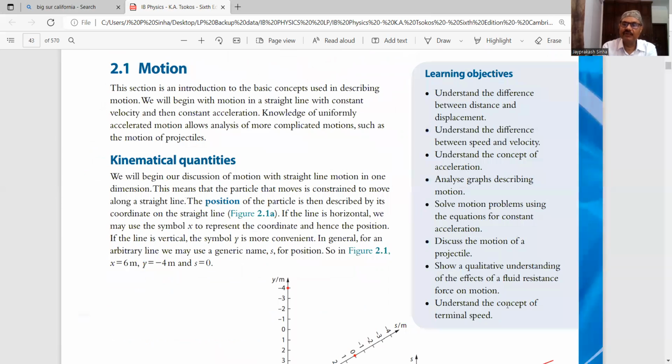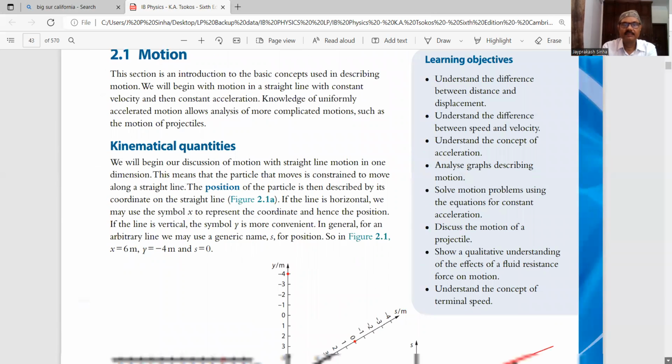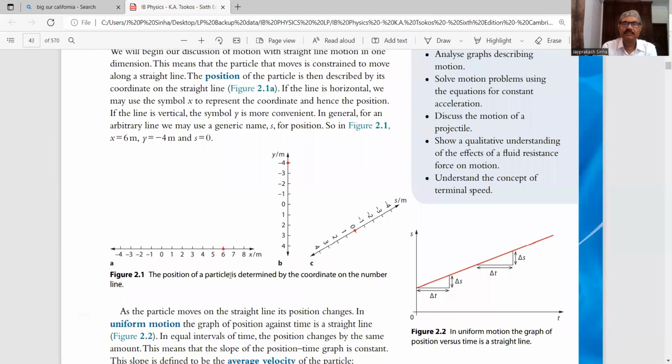And we'll do it graphically. Okay, see here. We are going to see all the 4 equations of motion graphically. Graphically, how we can derive it, that I'm going to show you. That I will teach you today.